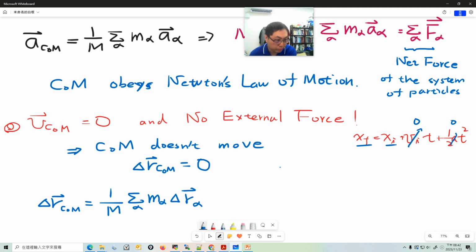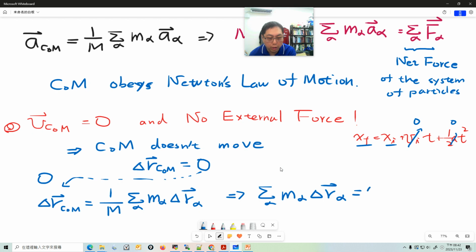So this is 0, and we reach an equation like this: summation over alpha of m_alpha delta R_alpha equals 0. When your center of mass doesn't move, you will find this equation. You can then use this equation to solve the example problem in this chapter.